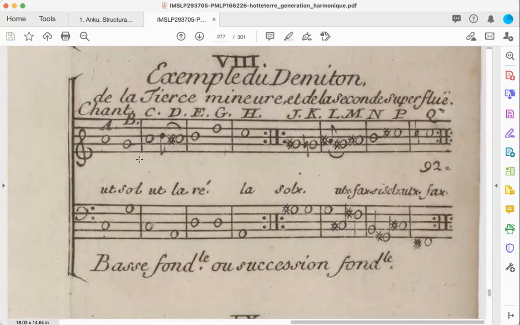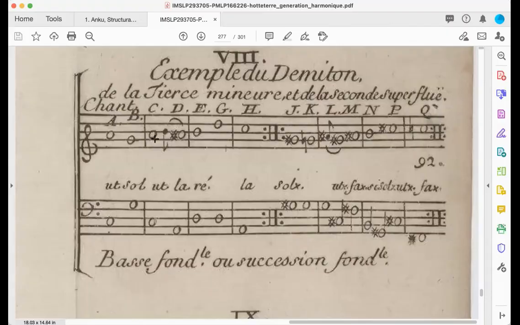Here's a really important example for Rameau. This is the same melody written twice. The first example is all diatonic intervals except for this motion from C to C sharp, which makes it the hardest part to sing. It's hard to get the tuning right of that.